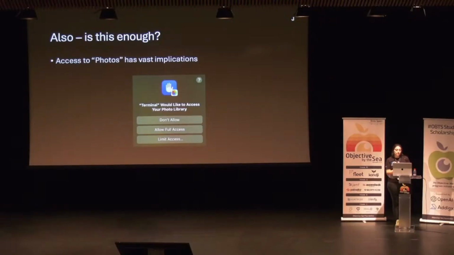Now, it looks kind of okay. It doesn't say someone can spy on you and get your location and do all the crazy stuff that Apple Intelligence indexes. It's just, hey, something wants access to your photo library, which I find most users would just say yes to. It's a pet peeve that I have with the entire TCC protection mechanism, but it is something. I bet it can be improved.